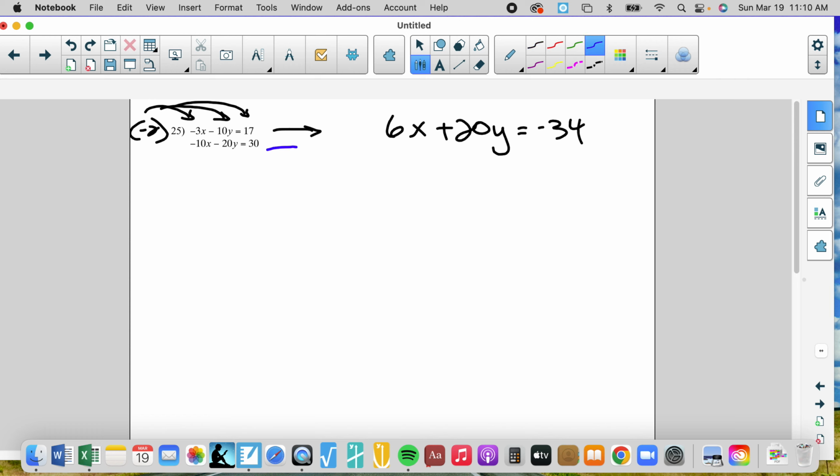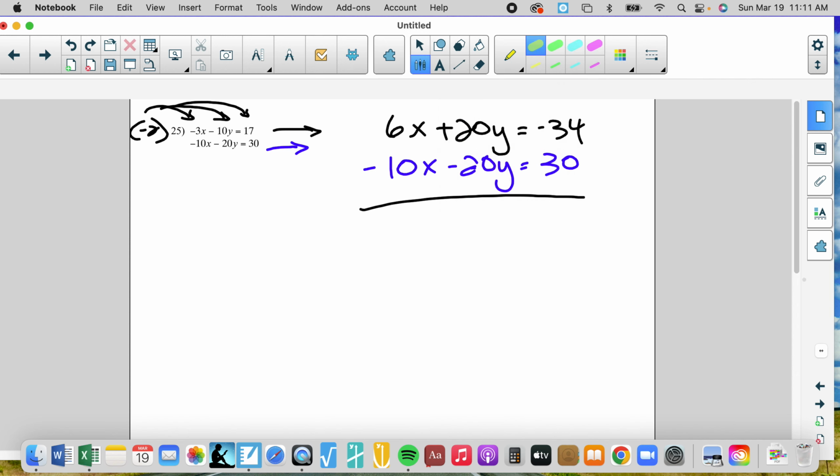And then I'm just going to rewrite this equation. I'm not going to manipulate that equation or write an equivalent equation to it, because we see that my y's cancel. This is good. Now we can use the addition method because my coefficients of my y's are opposite of each other.